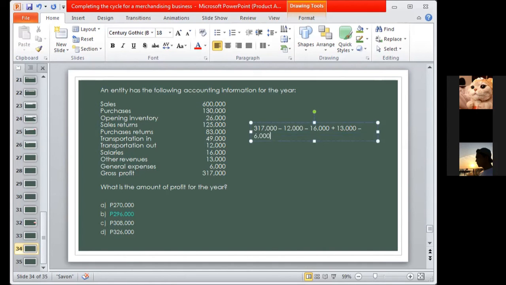So ang lalabas diyan is 296,000. Yan yung sagot.